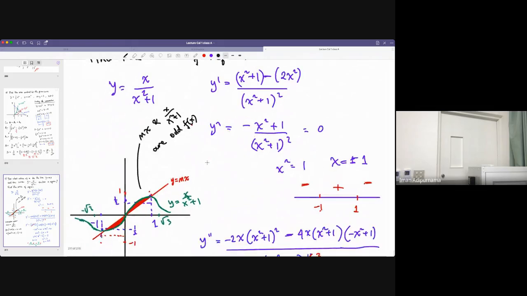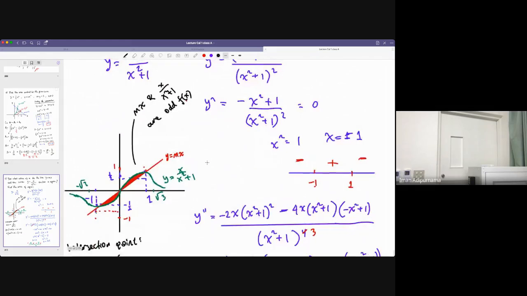So if you want to check the second derivative, I think up until here, the first derivative, you already at least have it from this part. I think that's enough.